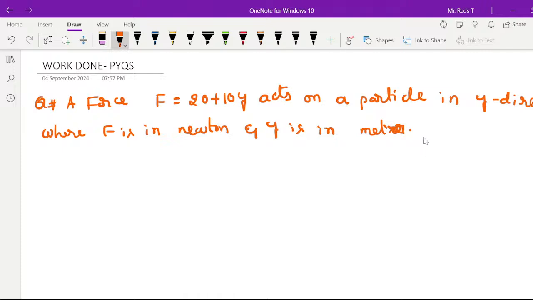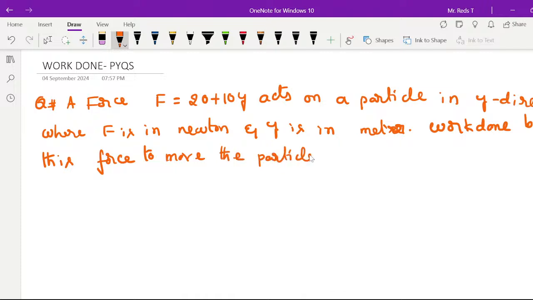Work done by this force to move the particle from y equal to 0 to y equal to 1 meter is.